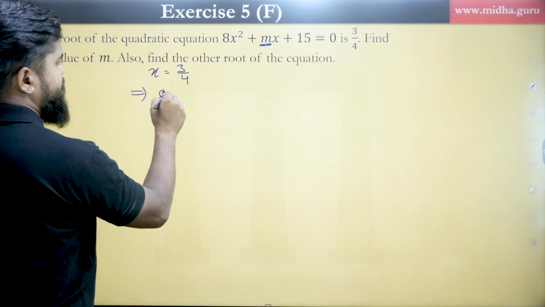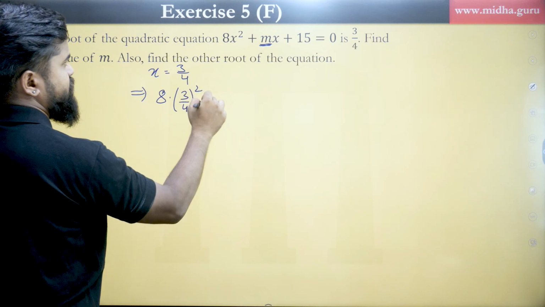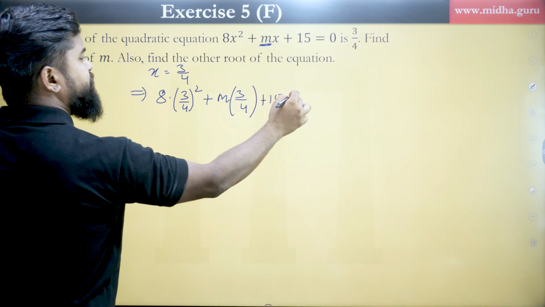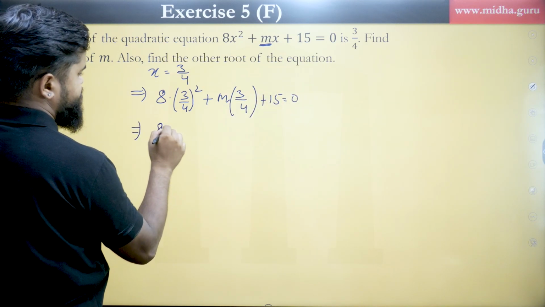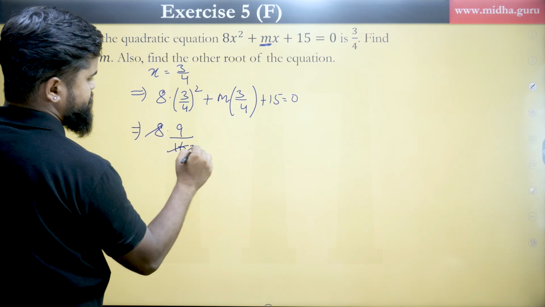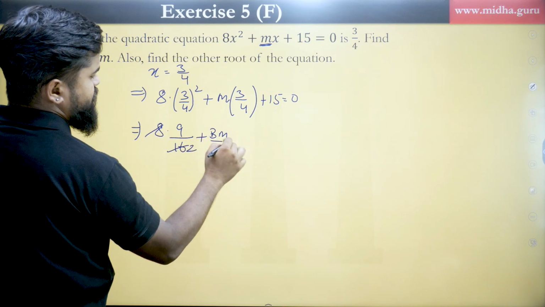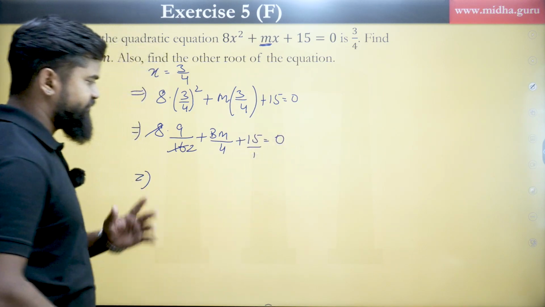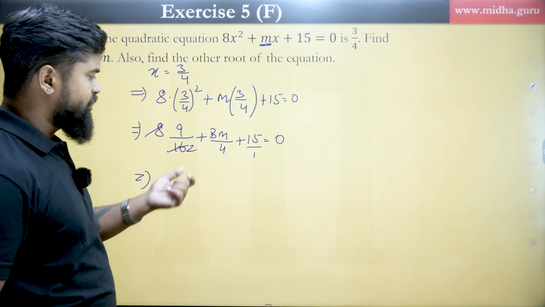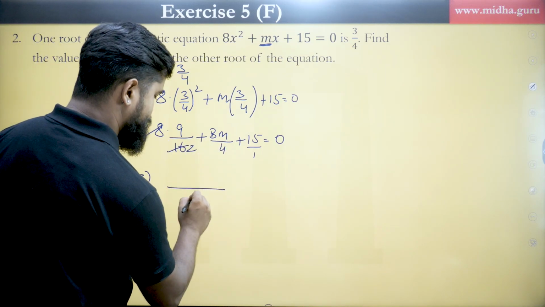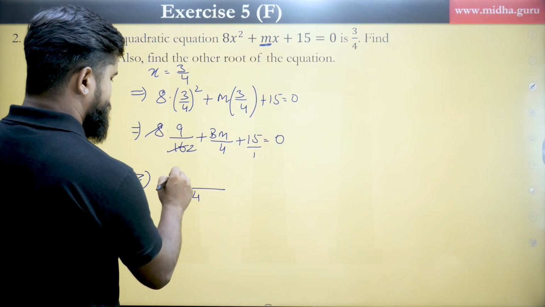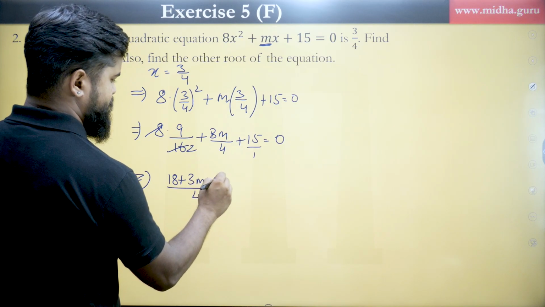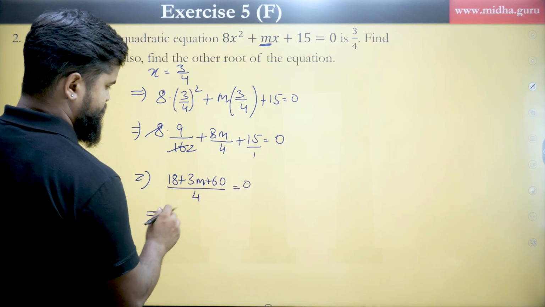Therefore in this equation it will be 8 into 3 by 4 whole square plus m into 3 by 4 plus 15 is equal to 0. Let's see. 9 by 16, this will become 9 by 2 plus 3m by 4 plus 15 is equal to 0. So if this is 15 by 1, this is 9 by 2 and this is 3m by 4, we'll take the LCM as 4 of all the denominators. So this gets multiplied by 2, we get 18 plus 3m plus 60 equal to 0.